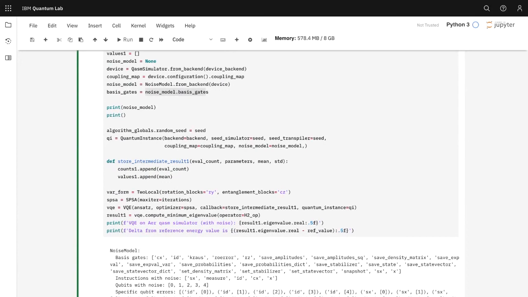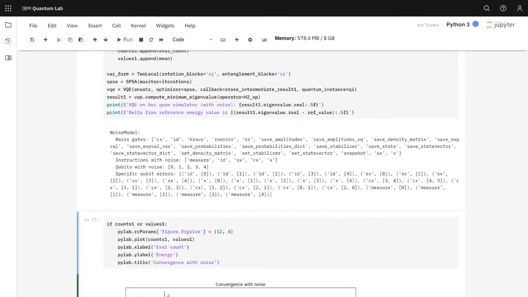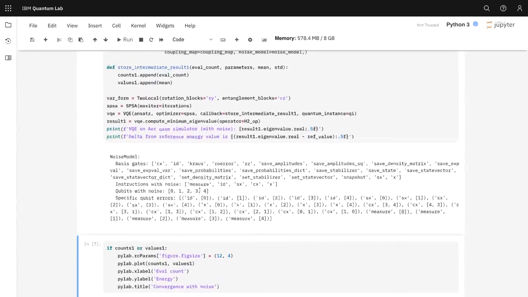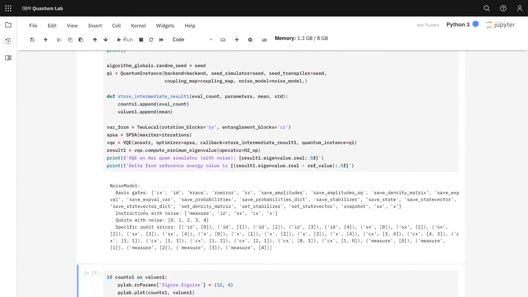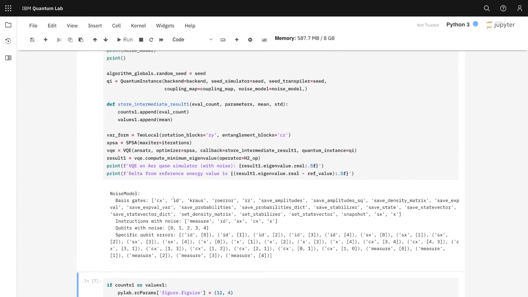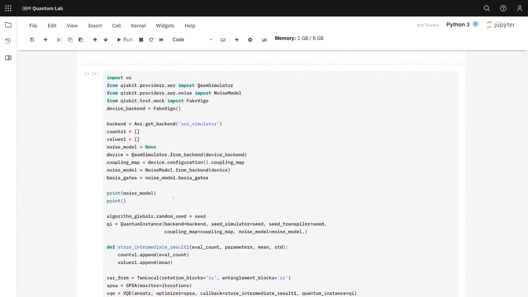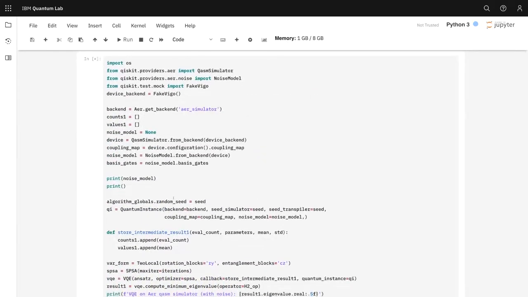And we can run the simulation. So here we get the noise model object printed out, and it's running.